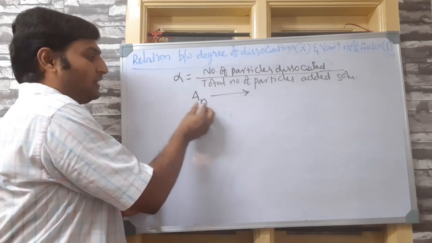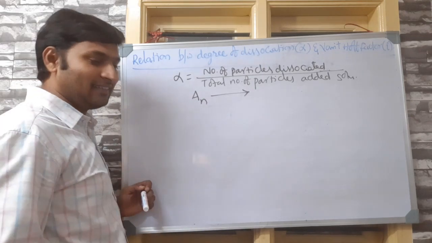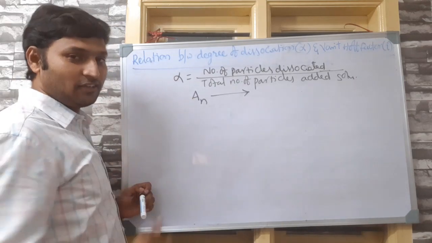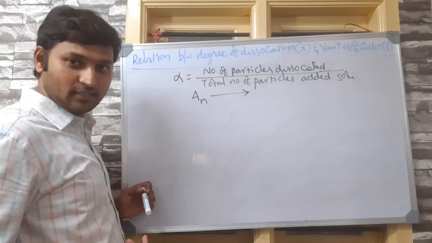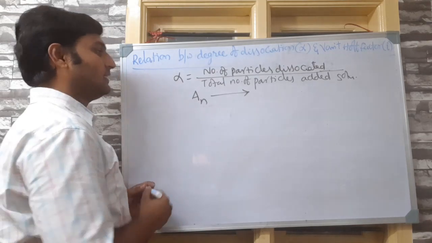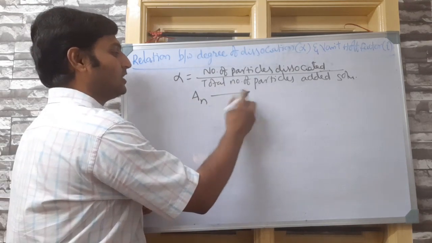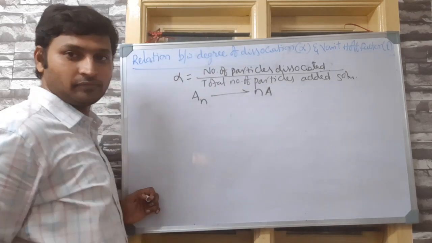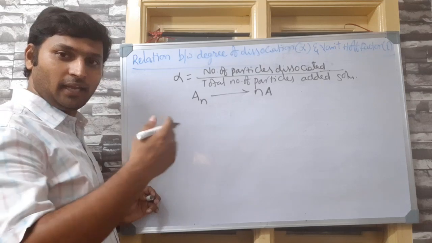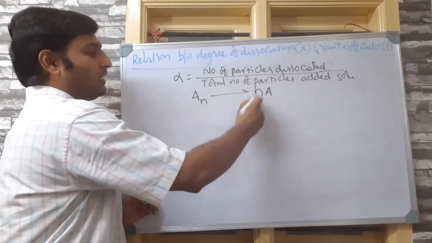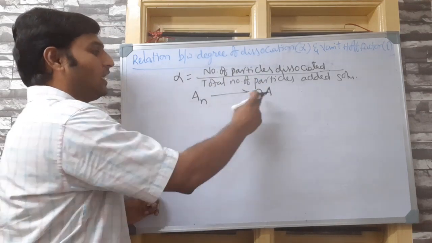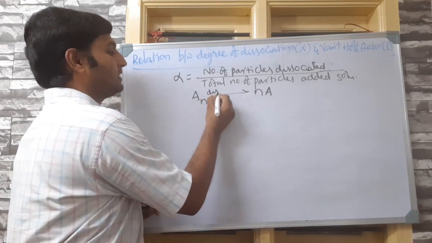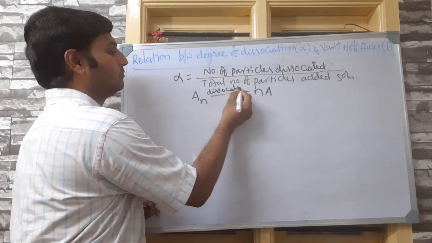Like in KCl there are 2 particles, in calcium chloride there are 3 particles, in calcium phosphate there are 5 particles, likewise there are n particles. Now what do you mean by dissociation? The n particles are becoming independent. So A_n has become nA. So it has broken into individual particles. Clear? So the forward process is called dissociation.